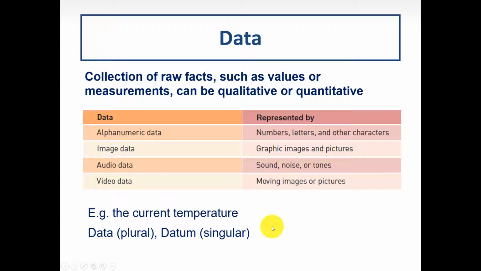Okay, so let us start with the concept of data. Data can come in all sorts of forms, flavors, and colors. It can be alphanumerical, it can be image, audio data, video data, right? So this video lesson is audio and video.